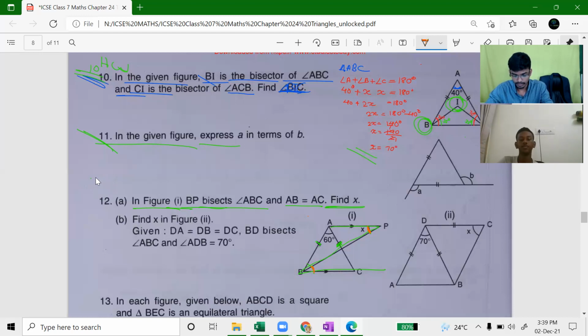Any doubt till here? No, sir. In question number 10 we found this angle. In the same way we have to find this angle and show this is equal to this. That's it.